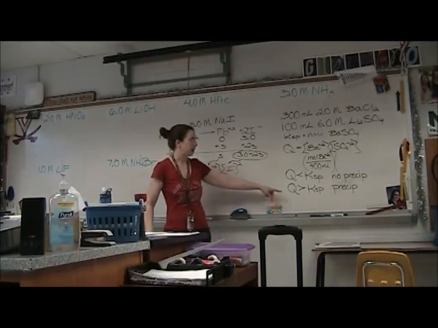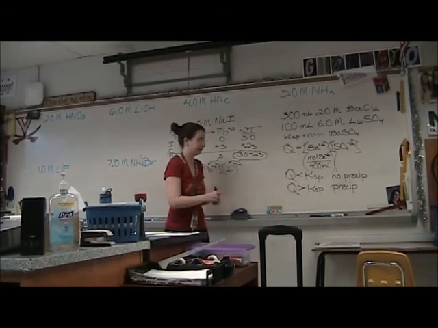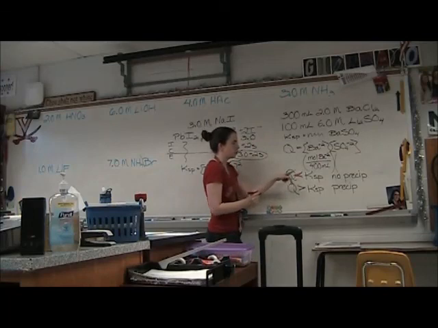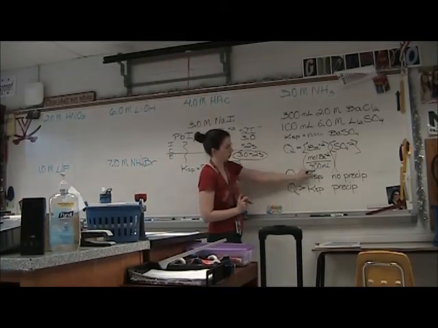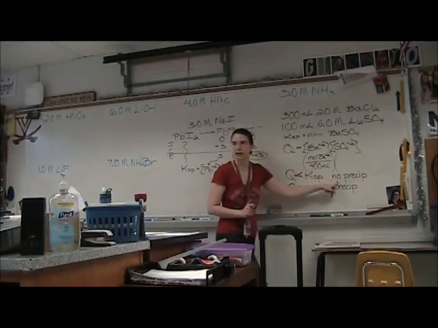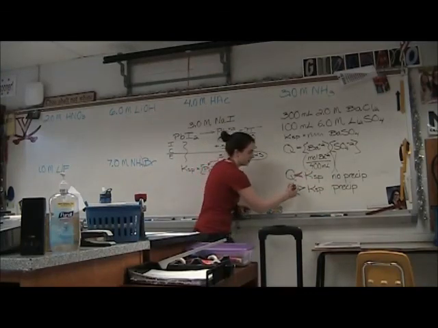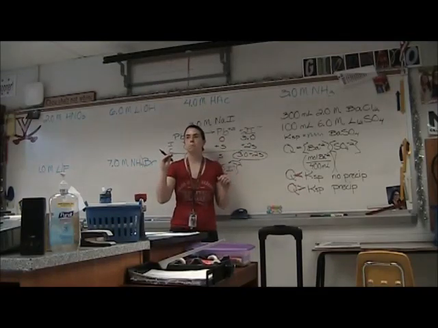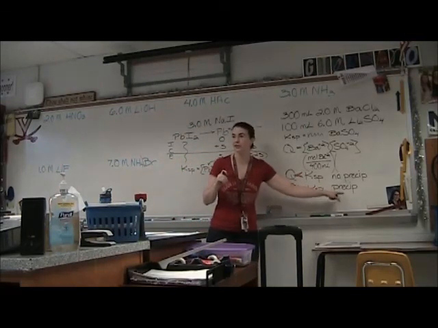Imagine Q is like an animal with a beak. If Q is greater than KSP, he eats KSP, nom nom nom, and there will be nothing left of him. Whereas here, he's still got a beak, but his beak is closed. He's not going to eat KSP, which means there will be something left. KSP is a worm.